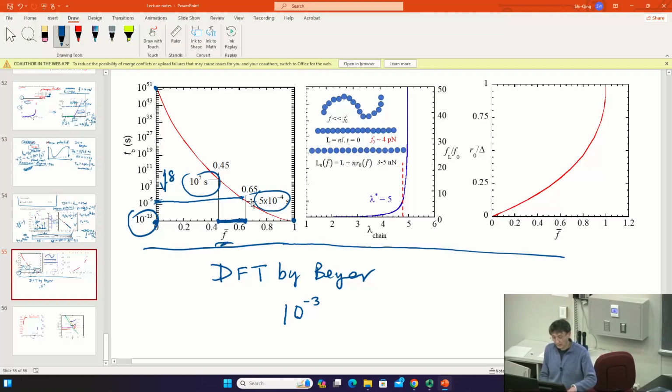Okay, the rest is a bit of a challenge to do. So for a single chain, I think we appreciate the idea that the force will keep building.